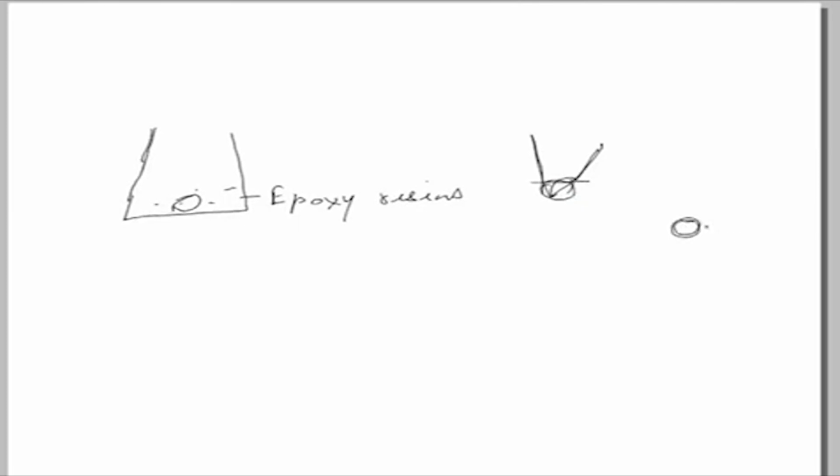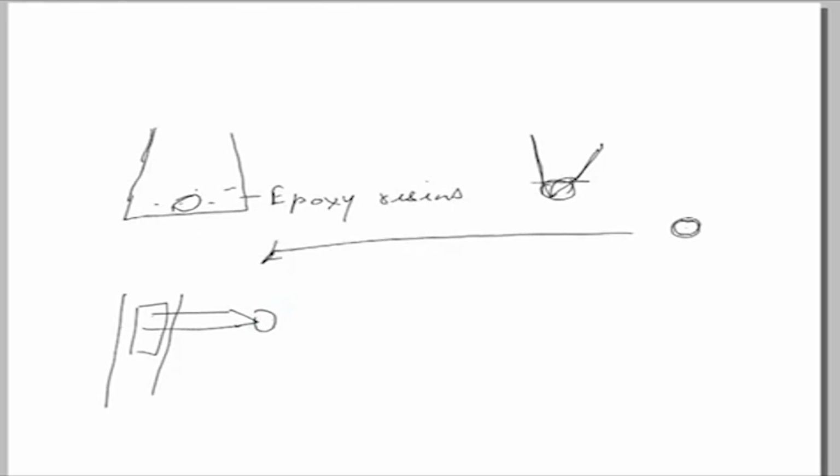So, this could be then taken to the ultramicrotome. So, ultramicrotome, as we have seen earlier, could be simply an arm here, and this material which is here will be put on here.